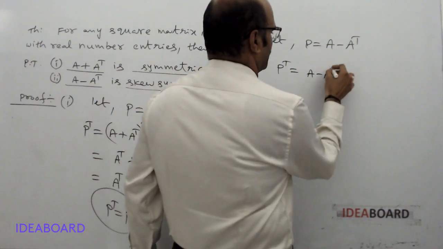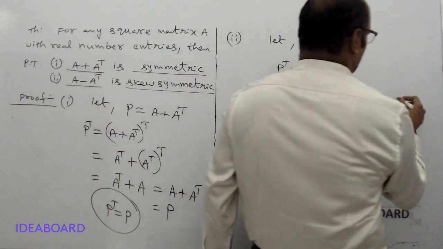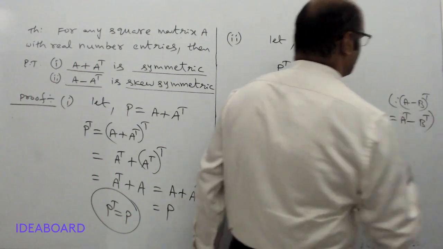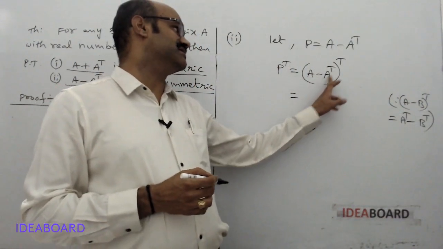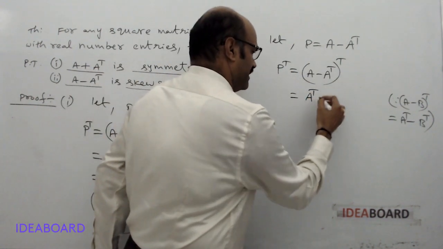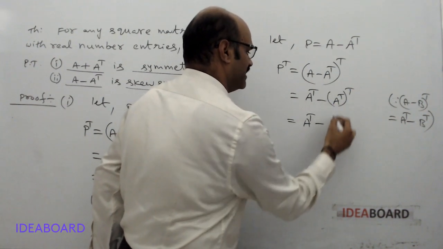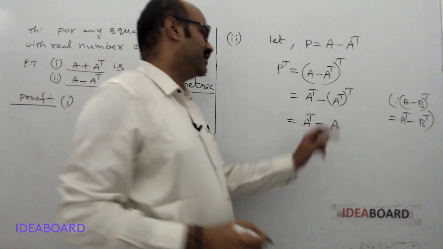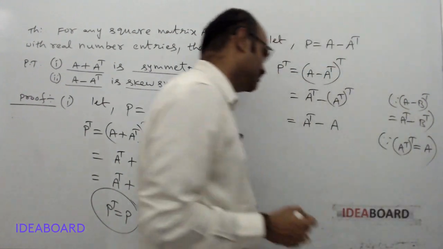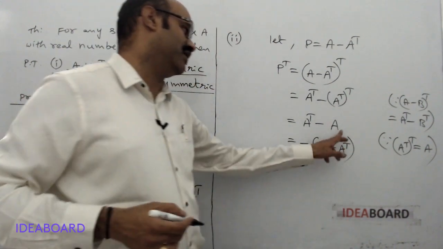So, (A minus A transpose) whole transpose equal to, we have the formula. The formula is (A minus B) whole transpose equal to A transpose minus B transpose. So here it equals A transpose minus (A transpose) whole transpose, equal to A transpose minus A. We have the property (A transpose) whole transpose equal to A. So here we write it as minus of (A minus A transpose), minus you take common.